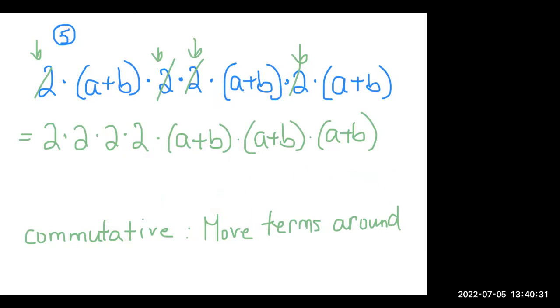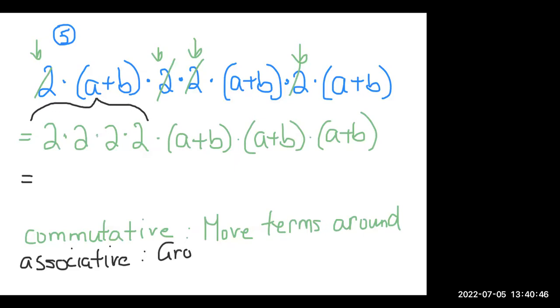There. And now, once they're reorganized like that, then we use associative property, which is for grouping. You could group them however you want in adding and multiplying.